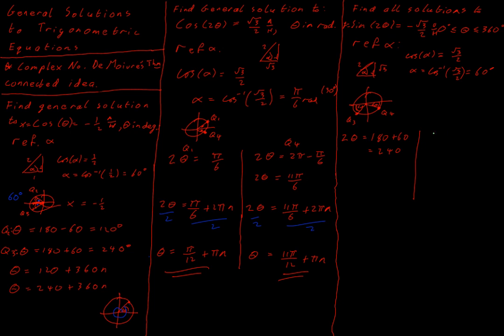The other value for 2 theta, the other possibility in quadrant 4, so this is the quadrant 3 situation, quadrant 4 situation, would be 60 degrees back from 360, which is 300. And that's what our 2 theta is. Let's find the general solution for 2 theta. 240 plus 360n.